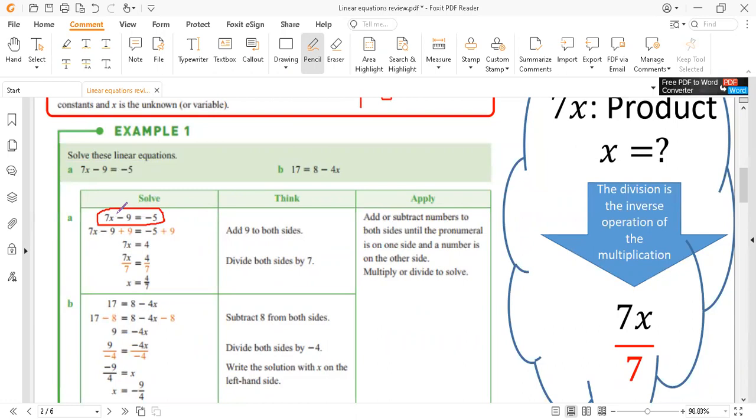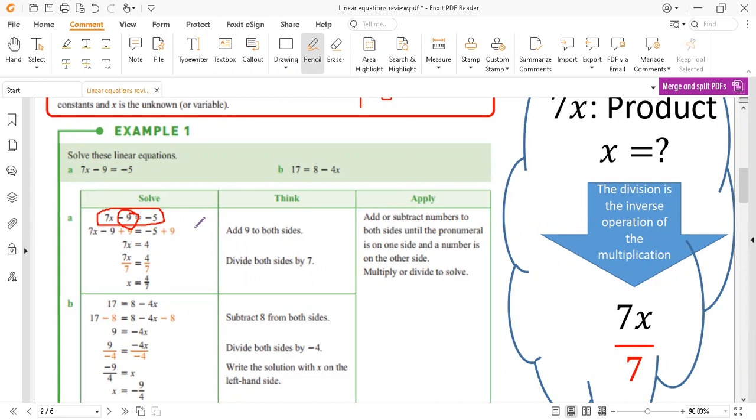So normally, first of all, we have 7x minus 9 equal to minus 5. Minus 9 here is the weak one, so we want to get rid of it to isolate 7x first of all, to be solo. To get rid of minus 9, we need a plus 9, because minus 9 plus 9 equals 0.